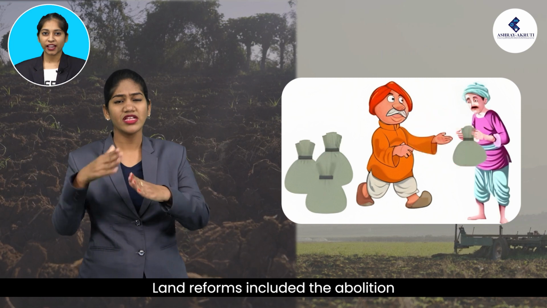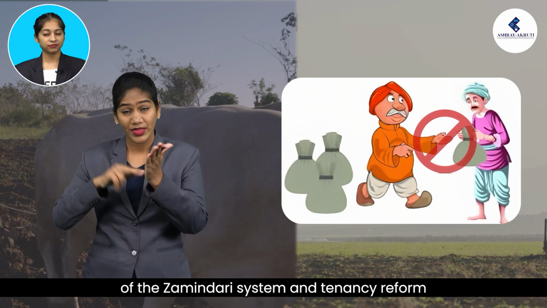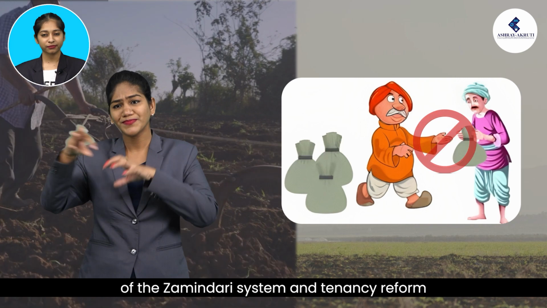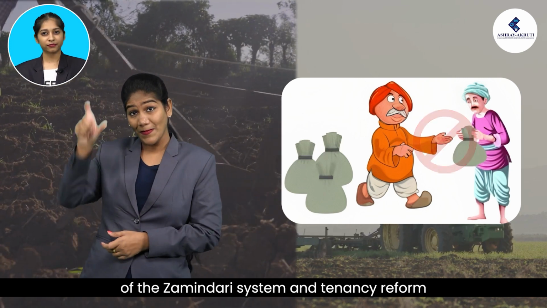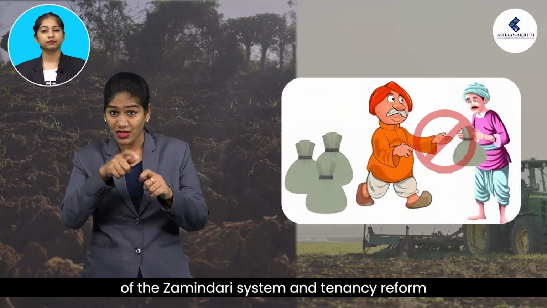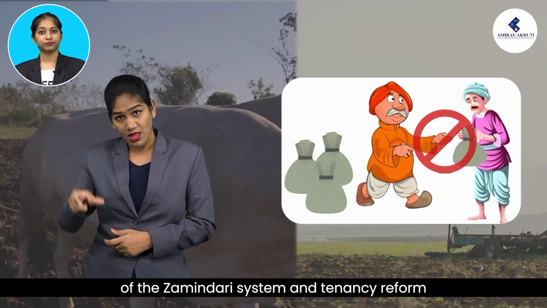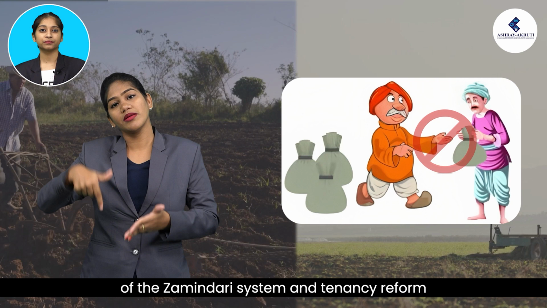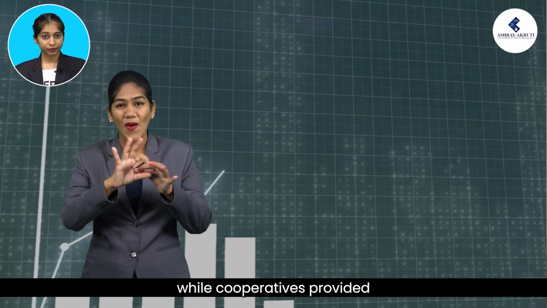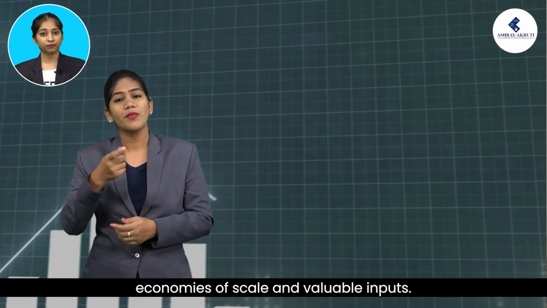Land reforms included the abolition of the zamindari system and tenancy reform, while cooperatives provided economies of scale and valuable inputs.